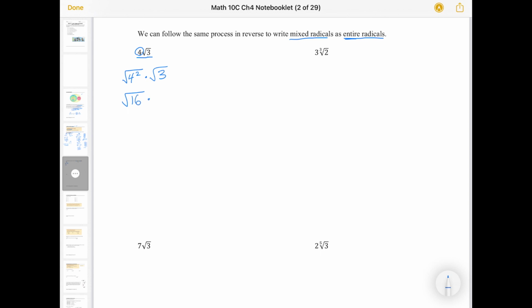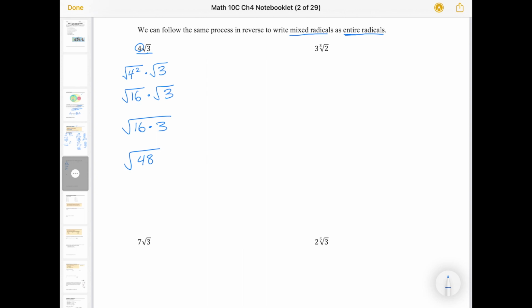So I have the square root of 16 times the square root of 3. And just like how I could break it apart over multiplication, I can combine it back together over this multiplication. So I've got the square root of just 16 times 3, which is the square root of, well, what's 16 times 3? 48.